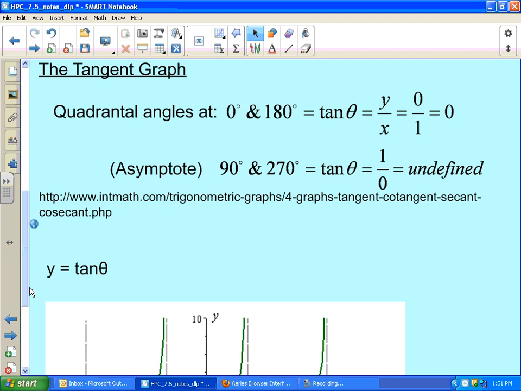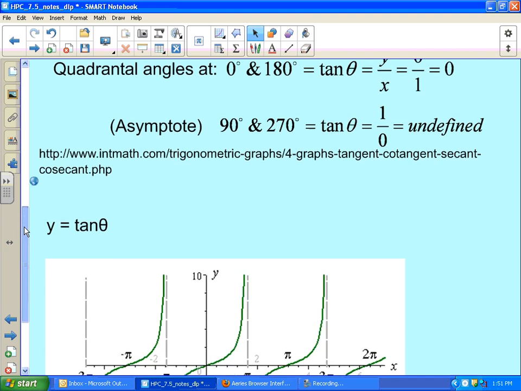So we talked about the four functions that have vertical asymptotes. This is one of them. Tangent has vertical asymptotes where it has an undefined value, which means where x is equal to 0, and that happens at 90 and at 270 degrees. So every time I have a 90 and a 270 degree value, I'm going to have a vertical asymptote at that point. At the 0 and 180s is where tangent is equal to 0.